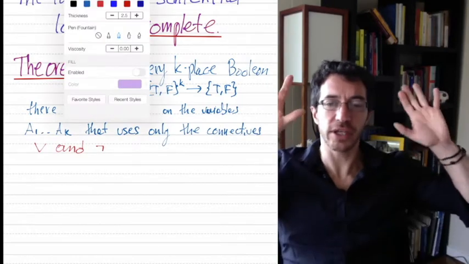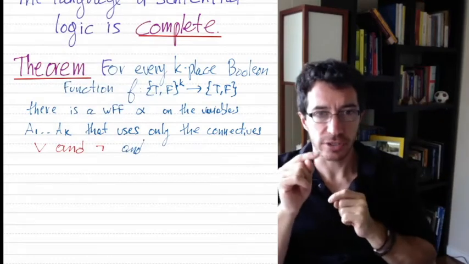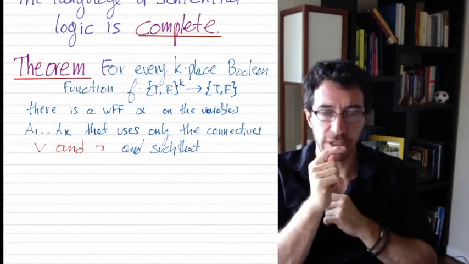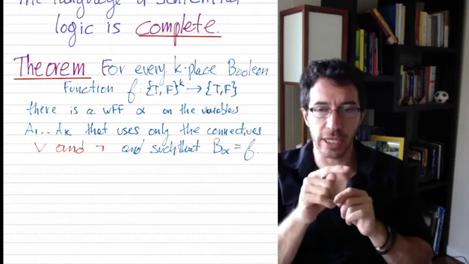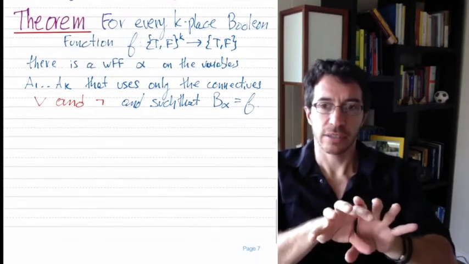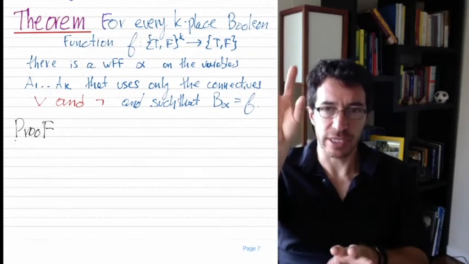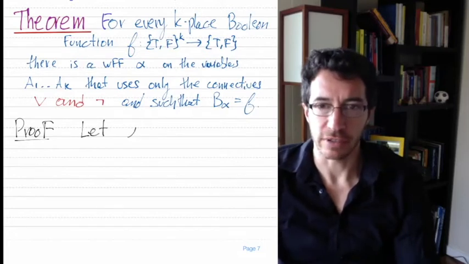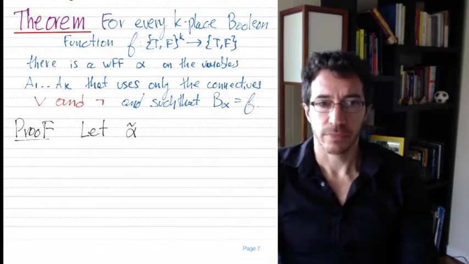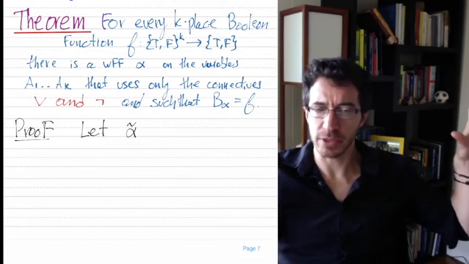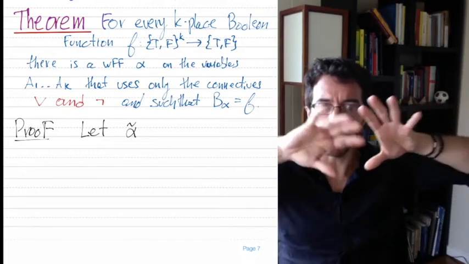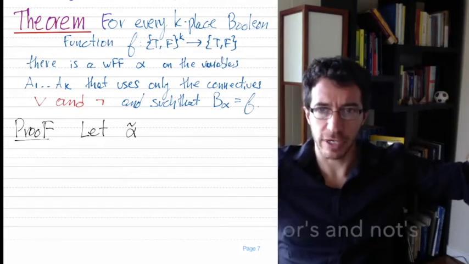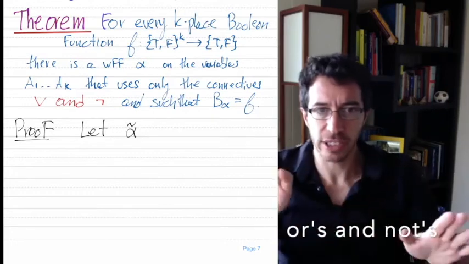Only those two connectives: not and, not if and only if, not implies. You can write a formula that represents the function f that you're given. So this is quite something. You don't need anything else.